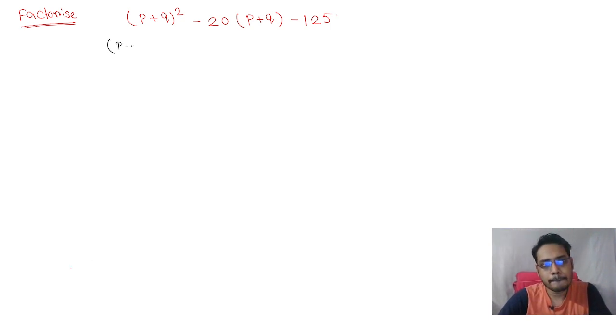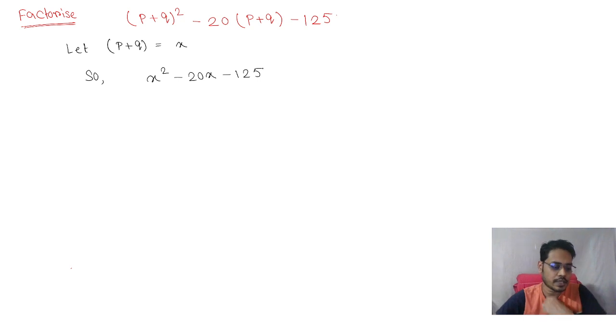We assume that p plus q is x. So now, p plus q is x, so it is x square minus 20 into x minus 125. If you get this one, that is very easy.